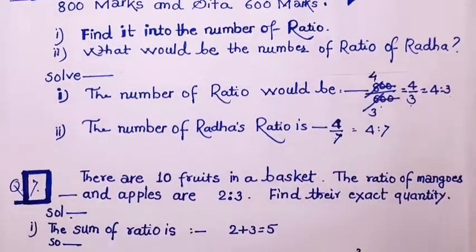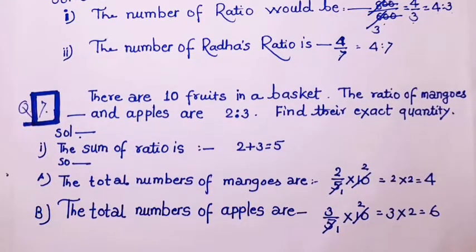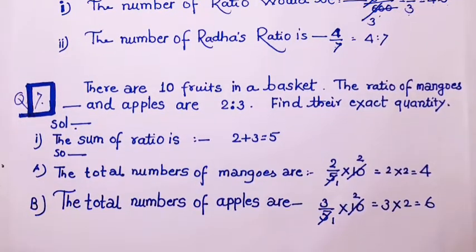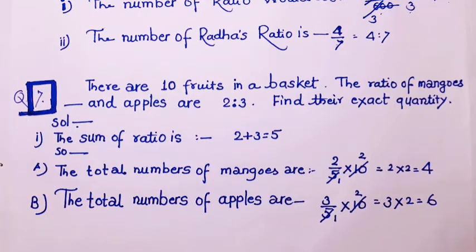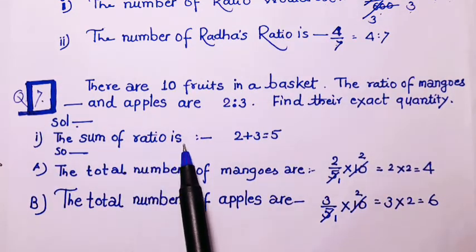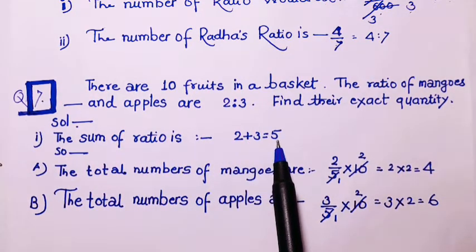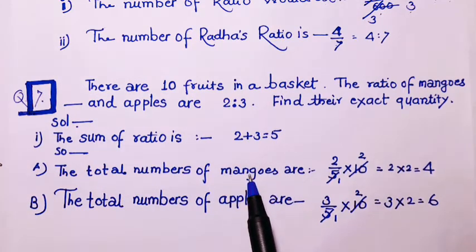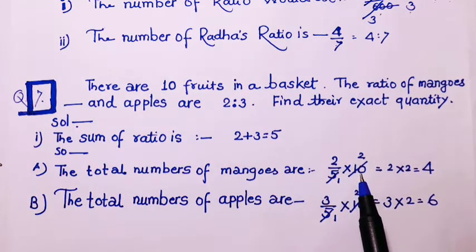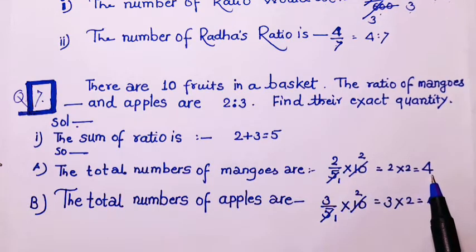Question number 7. You can see there are 10 fruits in a basket. The ratio of mangoes and apples is 2 to 3. Find their exact quantities. The solution is here. The sum of the ratio is 2 plus 3, 5. So the total number of mangoes is 2 by 5 into 10, and finally we get 4.